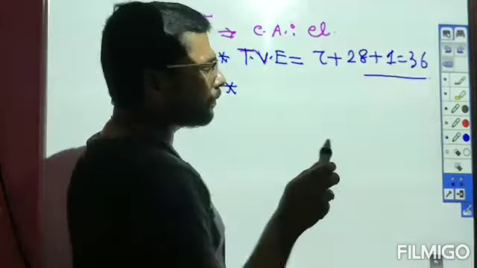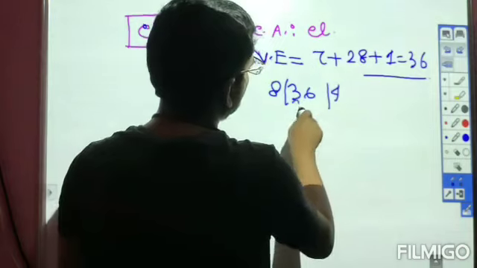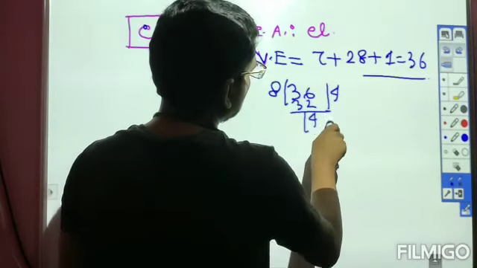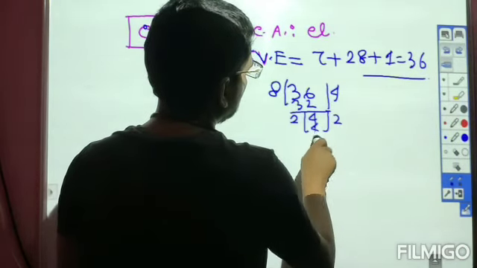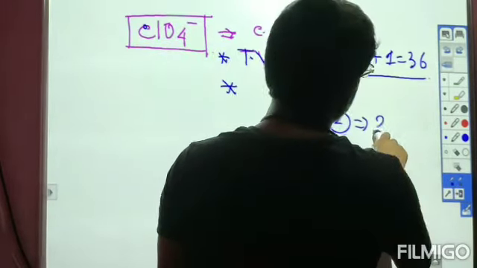In order to get lone pair of electron, you just divide it by 8.